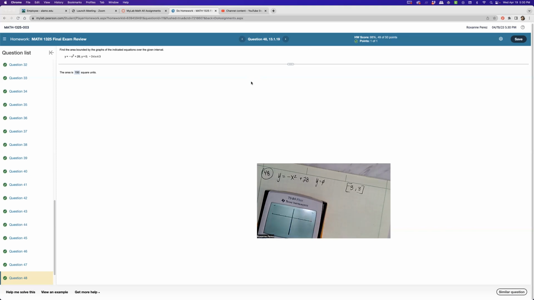Graph is somewhere up here, so let's change our y max to maybe 40. Okay, perfect. So here everything is above the x-axis, so I don't need to account for that negative for this one.